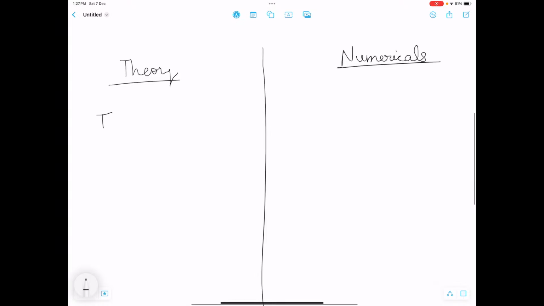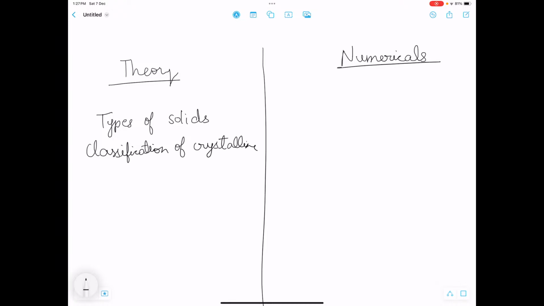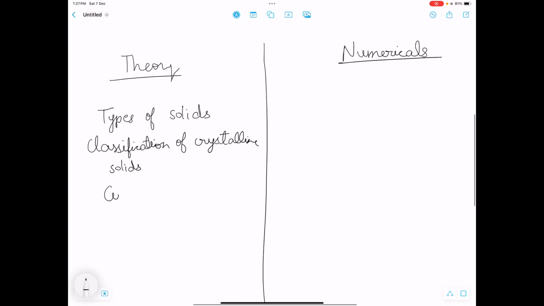So the first is types of solids. The second is classification of crystalline solids. Third is the cubic system.